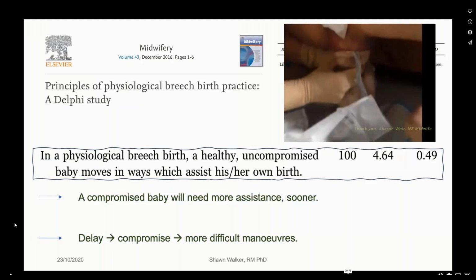They see that if there was a delay in this action, it means there is hypotonia in the baby, and the baby is compromised. That means you should intervene or help faster.